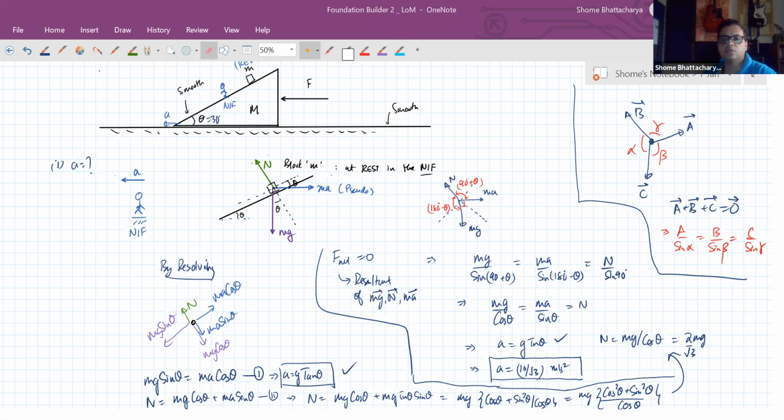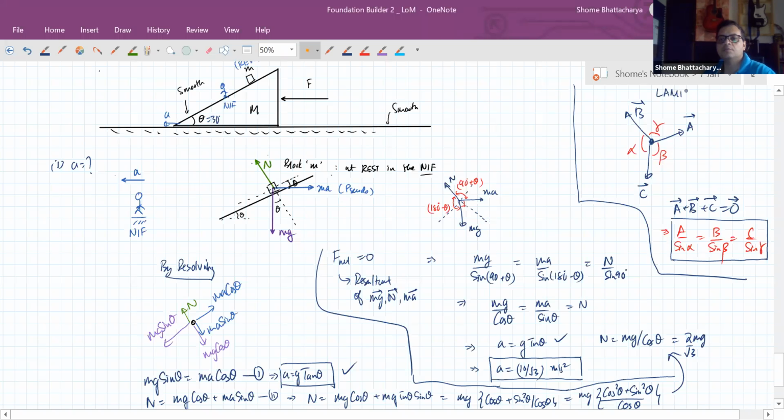Yes, this is the sine rule of triangles. In trigonometry you would have studied this, no? This is the sine rule of a triangle. Because if the sum of three vectors is zero, it doesn't matter, you can do it by the resolving method also. Otherwise, you can look this up in your module also.